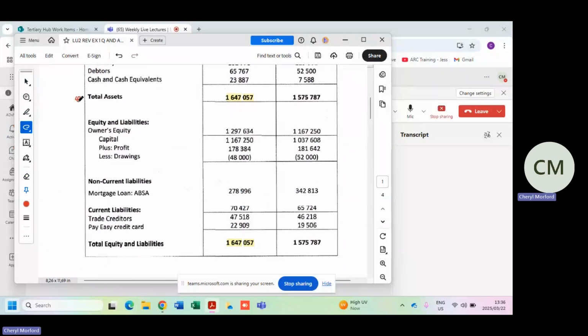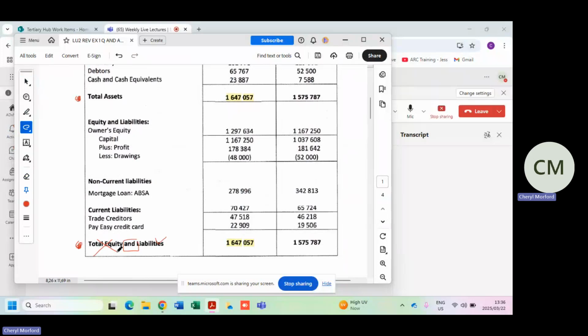Total assets, remember the accounting principle, must equal what? The sum of total liabilities and what? Equity. So there's two things here. What do we need? Only the liabilities, not the equity. So how are you going to overcome this?